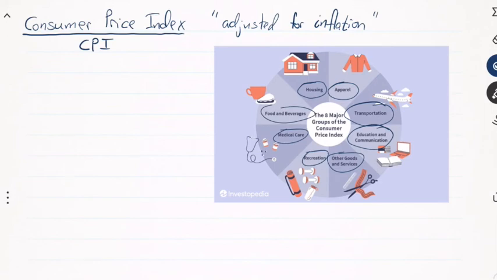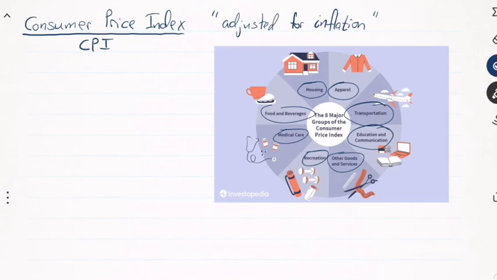So they collect all of these costs every single month to see if the cost of the items are going up or going down, and then they just do a calculation on it and generate a number based on how much more expensive it is now than it was back in the mid 80s. That was their baseline, the mid 80s.